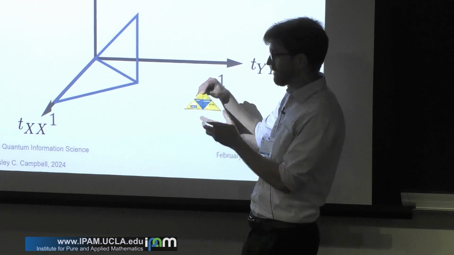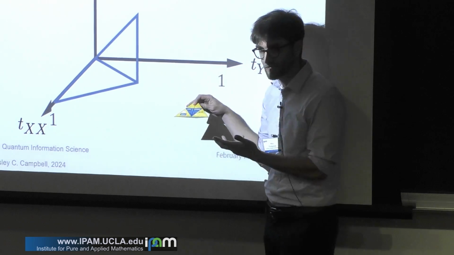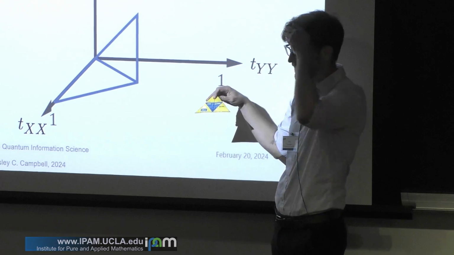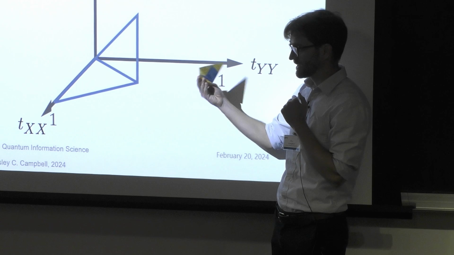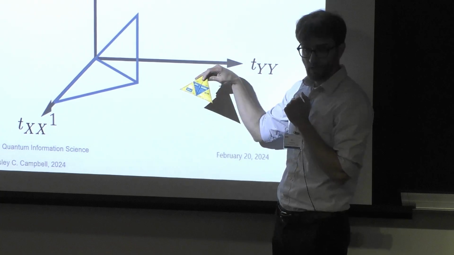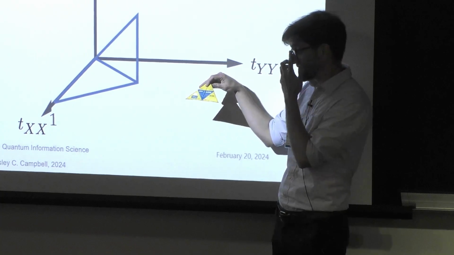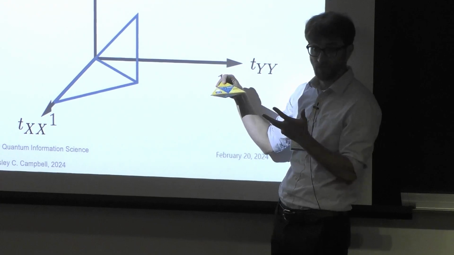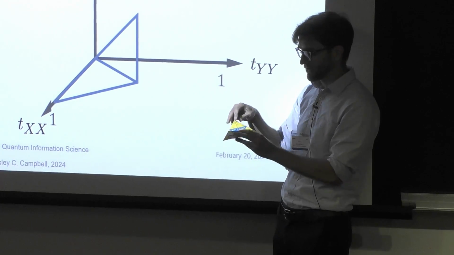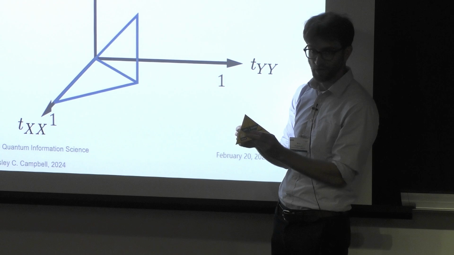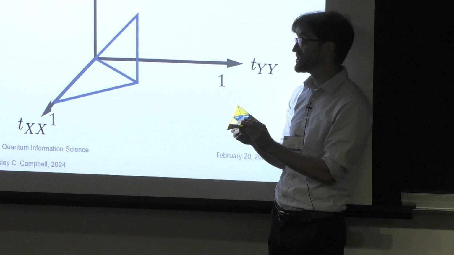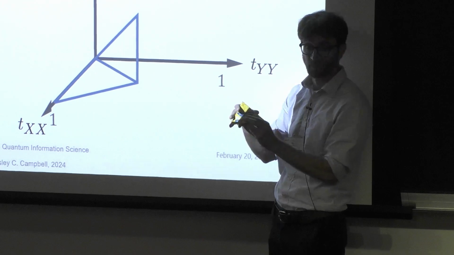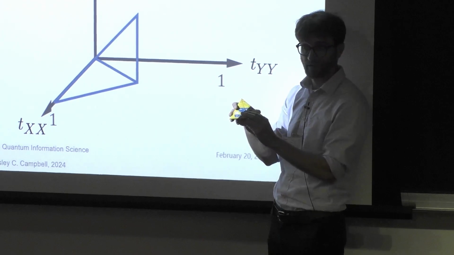So somehow or another, you can take something that is a product state and turn it into something like a Bell state if the operation is found inside the blue region here. As part of your homework, one of the things that I ask you to do is to team up with each other, try to put your tetrahedra together to reproduce just the shape of the blue region and figure out what that thing looks like. And then I asked you to tell me what fraction of the total volume is occupied by that.